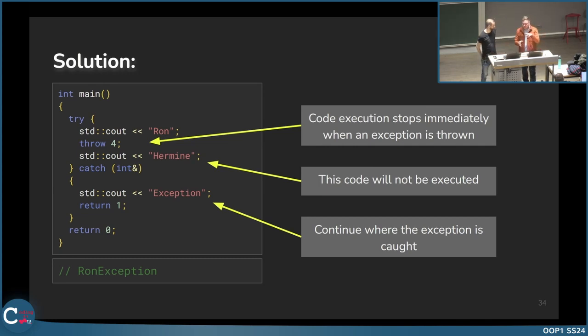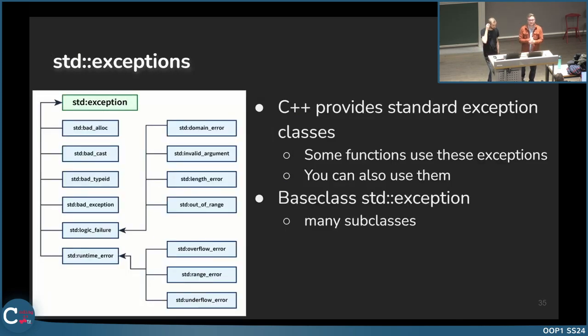And the cool thing is everything of that is working perfectly fine just because we have this hierarchy of inheritance. And what C++ has is a specific base class called exception. It's in the standard library, and with this exception class, we also have some derived classes for specific cases.